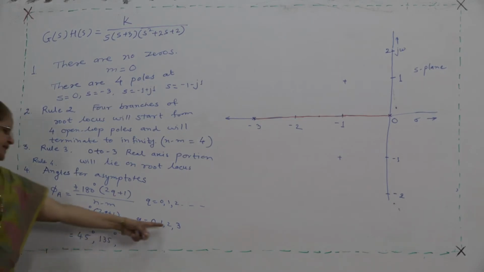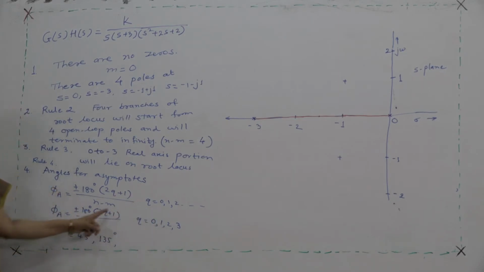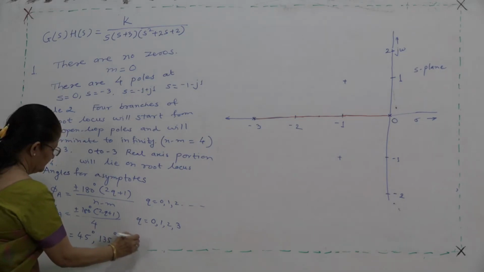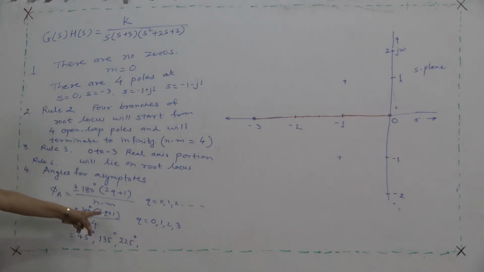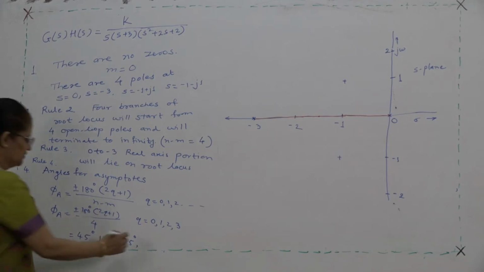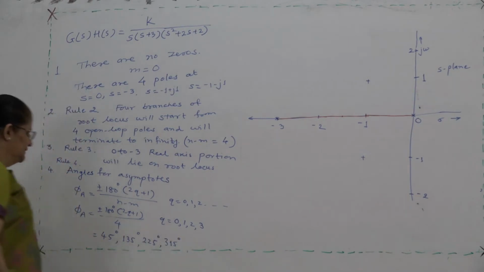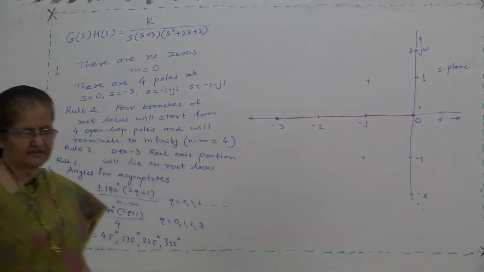Then consider q is 2. So, 5 into 180 upon 4, so 225, and q is 3. So, 7 into 180 upon 4, so 315. Check it. If I have done any mistake, you correct it.